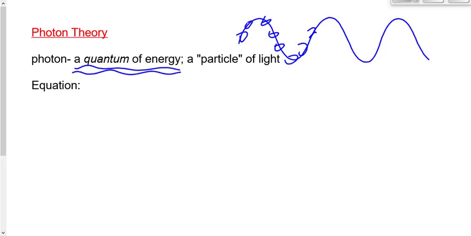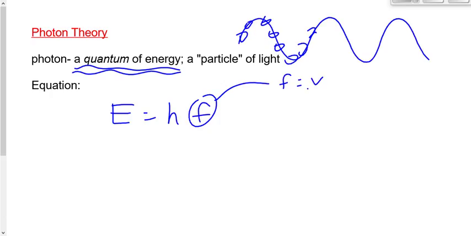Now, we have an equation that describes the amount of energy that a photon of light has. And that equation looks like this. E is equal to h times f. Or, because f is equal to v over lambda, what's another symbol for v, by the way, when we're talking about light? c, right?